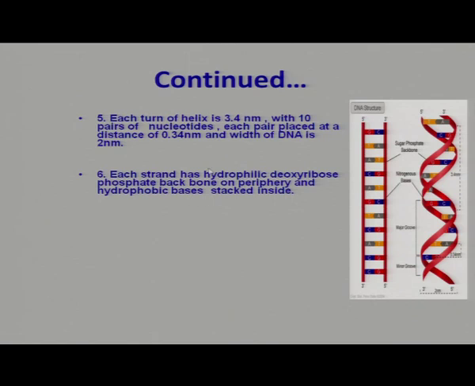Next point of this model is each strand has a hydrophilic deoxyribophosphate backbone on the periphery and hydrophobic bases stacked inside, means the phosphate and the sugar will be in the outer portion and the bases will be on the inner side.